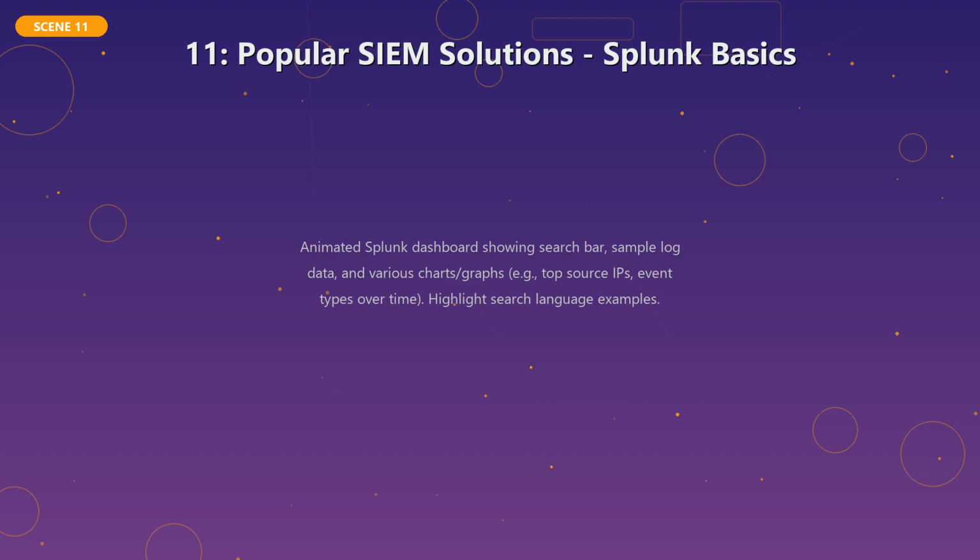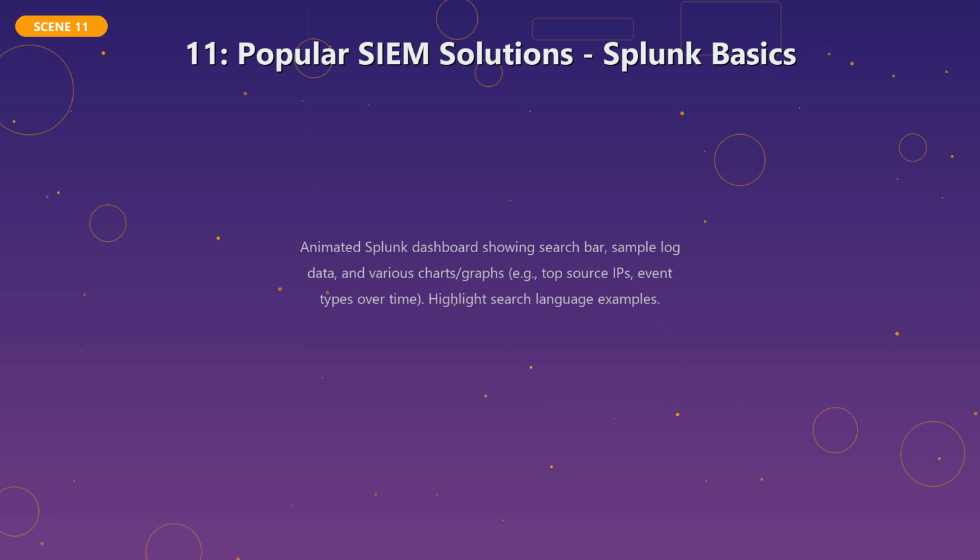For example, a simple SPL query might be index=web sourcetype=access_combined status=404 | stats count by clientip, which would count all 404, page not found, errors on web servers, grouped by the client IP address. You can build incredibly sophisticated queries to detect specific attack patterns or behavioral anomalies.